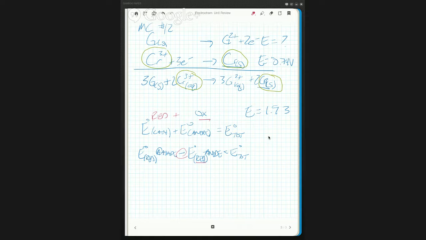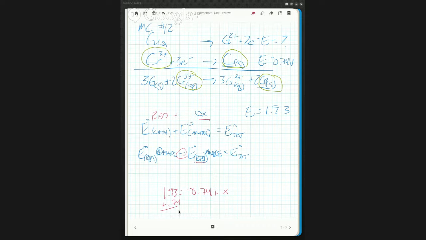What should have happened is that some number plus negative 0.74 is 1.93. It would be like a math problem: 1.93 equals negative 0.74 plus x. And so that's going to be plus 0.74.